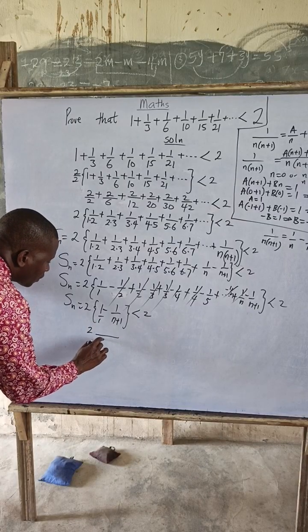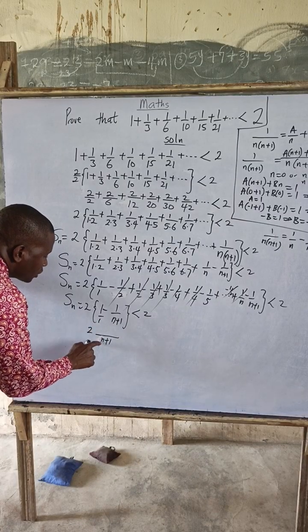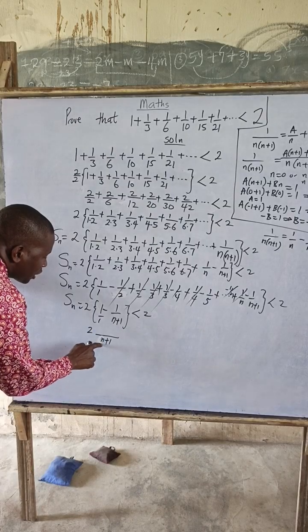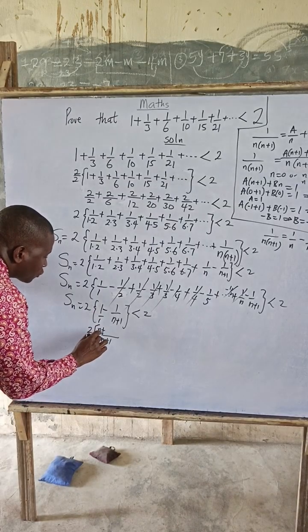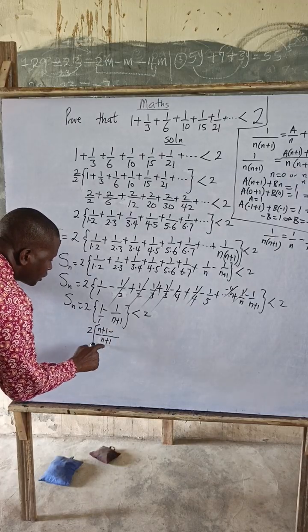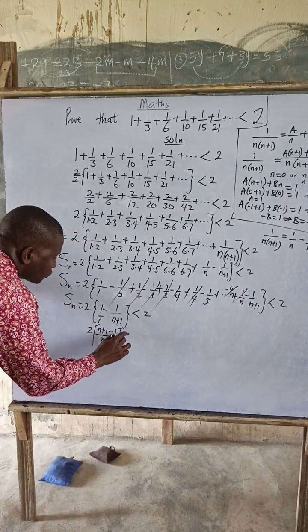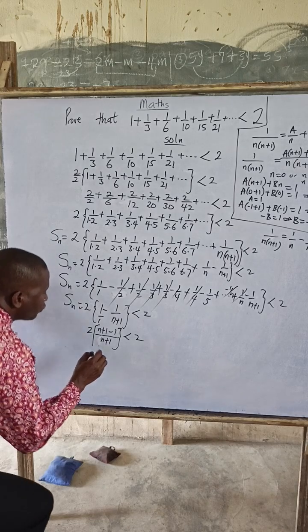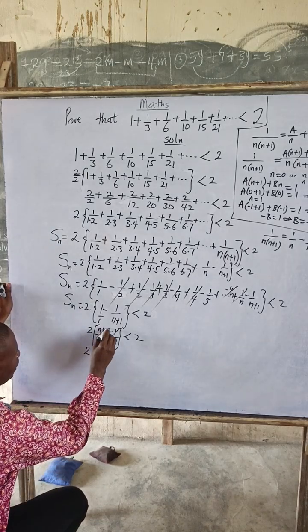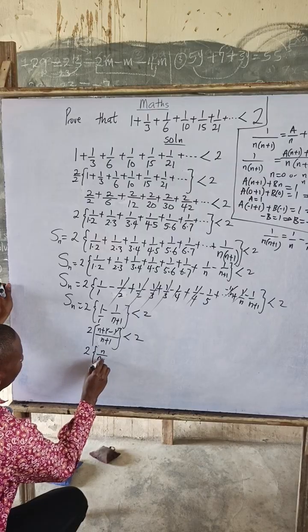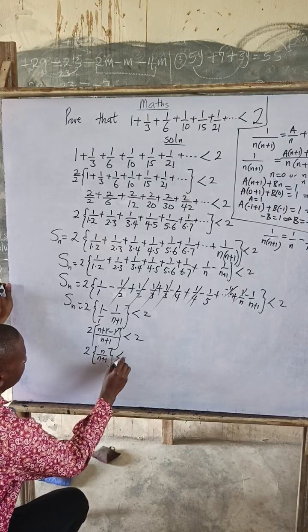We have n plus 1 goes here, that's n plus 1. 1 goes here, n plus 1 multiplied by this will be n plus 1. Then minus this goes here, 1 multiplied by this, we have 1. So less than 2. So in this case, we have 2 in brackets, we cancel this, we have n over n plus 1. Then less than 2.